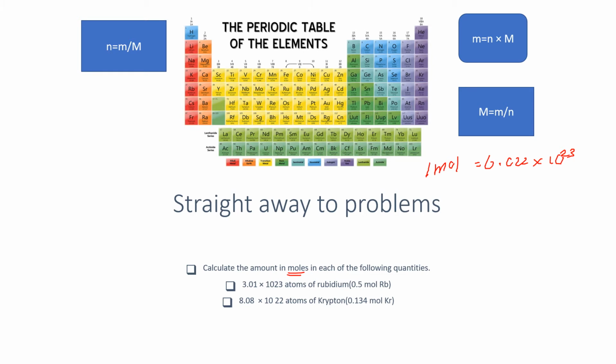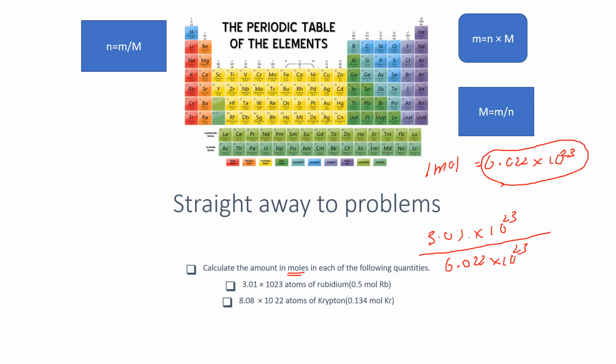So if we got this much atoms, how many of these in here to get, we have divided by the Avogadro constant? Yeah, you got it? So you have to find out the amount of moles. 1 mole is this, so divided by this one.